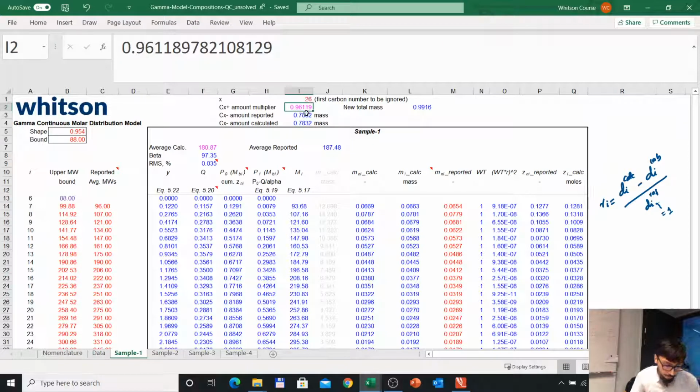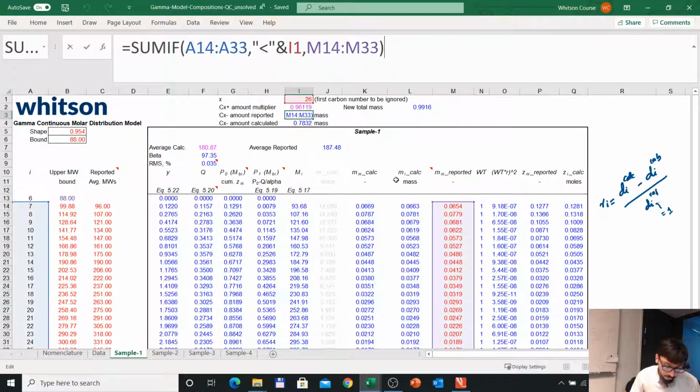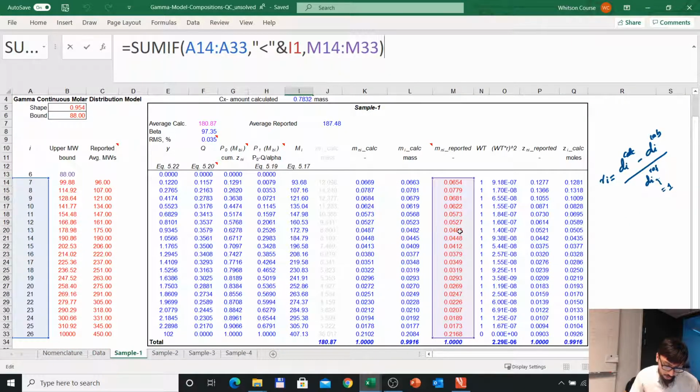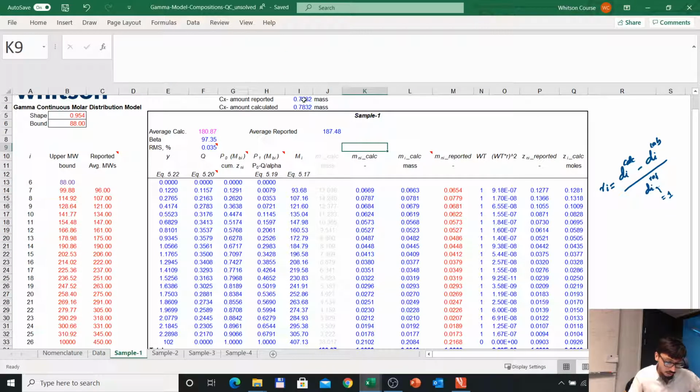So now we have understood what X is. So Cx minus amount reported is just the sum of the amounts of all the components that are less than x, which are until C25, for example.